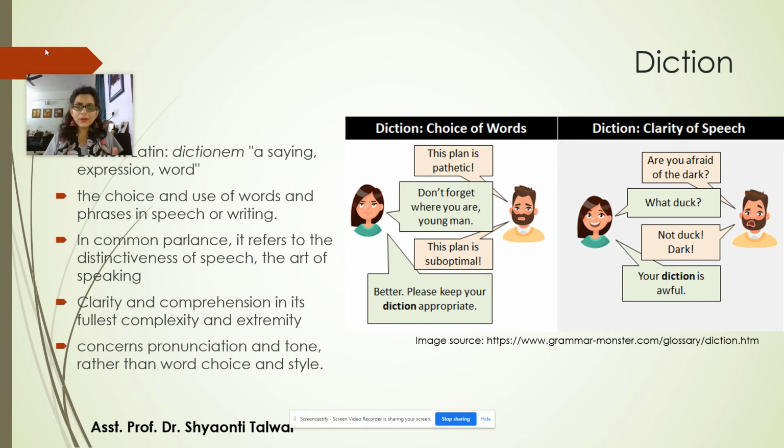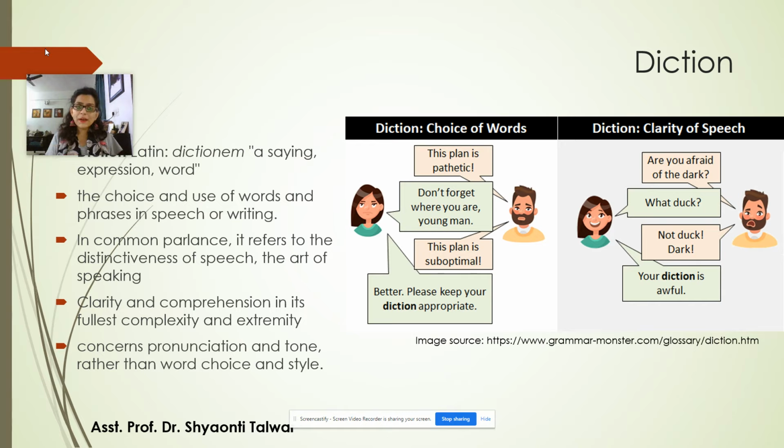So, in regular everyday usage, in the universal sense, diction is the choice and use of words and phrases in speech or writing. It refers to the kind of words, the kind of vocabulary we use when we are speaking or when we are writing.